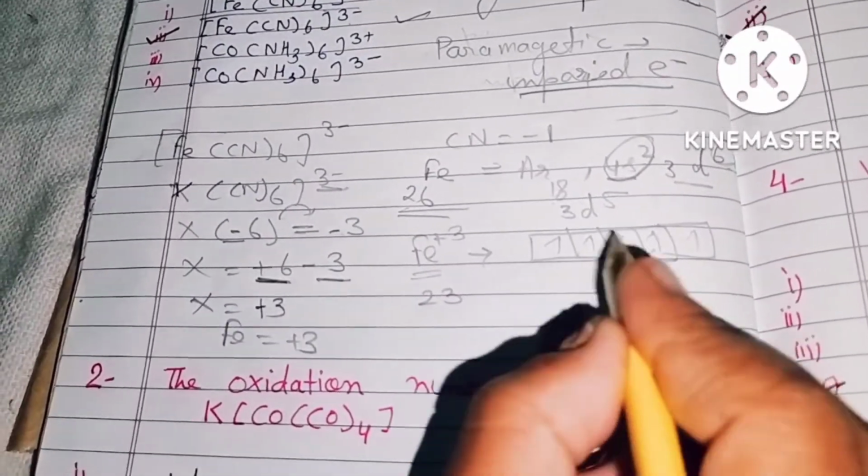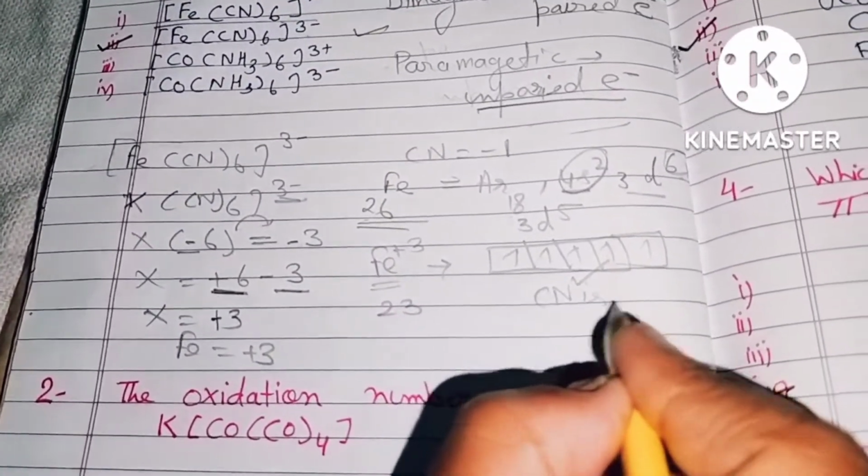Here the ligand is strong. We know CN is a strong ligand.